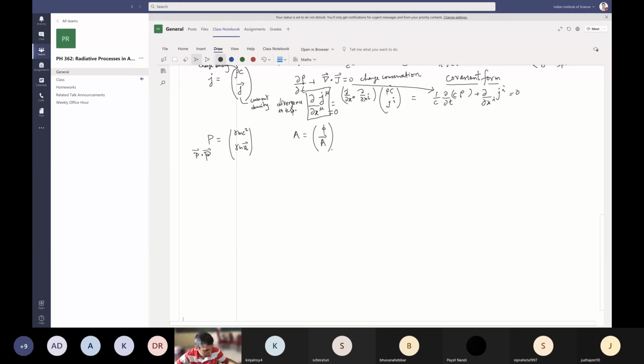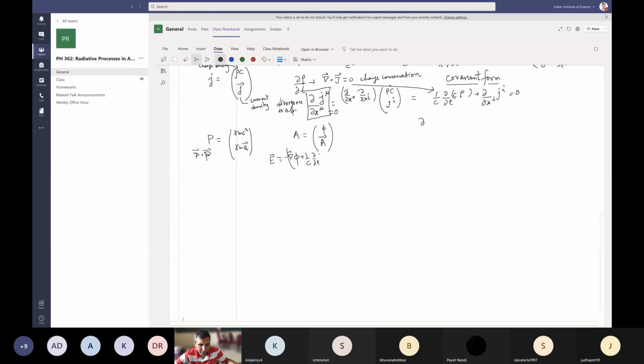Okay. Let's see. We know this. These are φ/c and A. Just a second. Yes, sir, what I mentioned. So E equals minus grad φ plus 1/c ∂A/∂t.